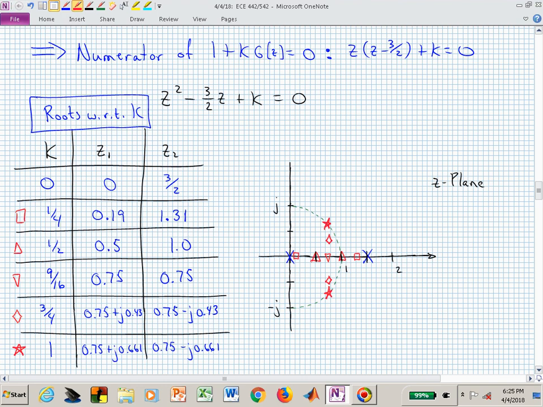And now we've computationally drawn the root locus. We have a branch going here, another branch going there, and one goes up and one goes down.